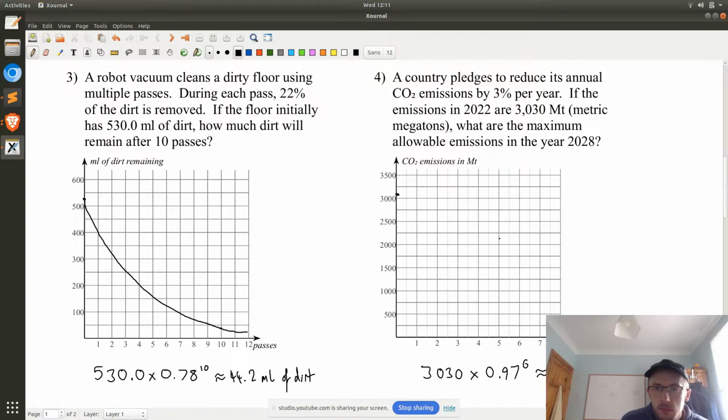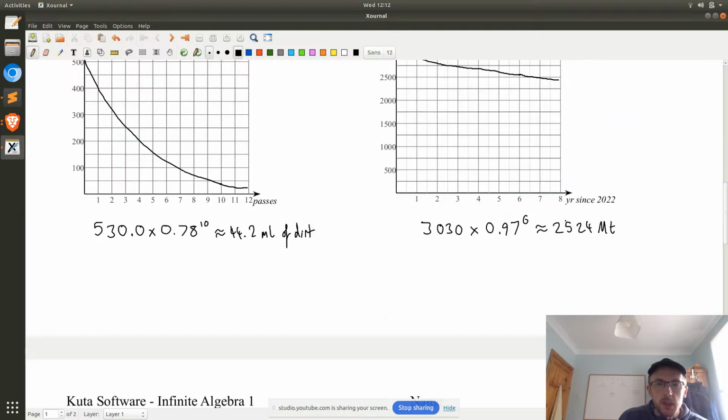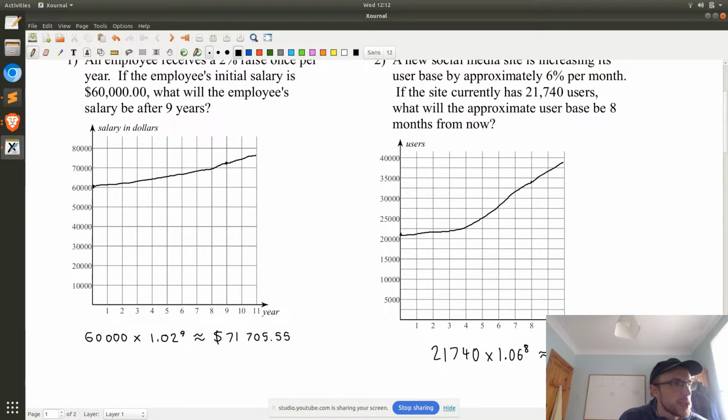And now we graph it. There. And this is by year 6. So it should be there-ish. Gradually going down now. And that's all good. And now we check.